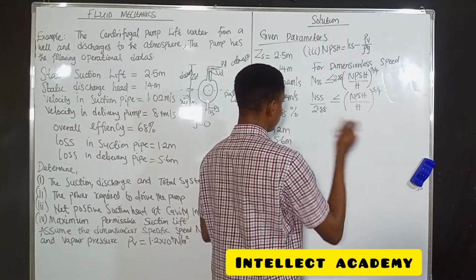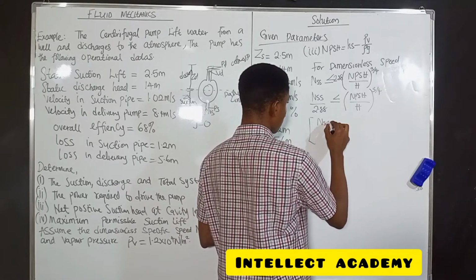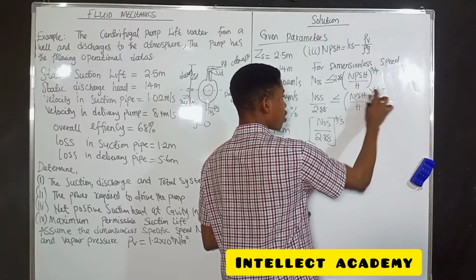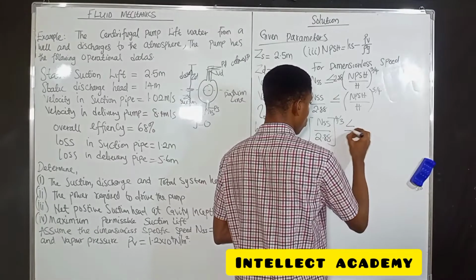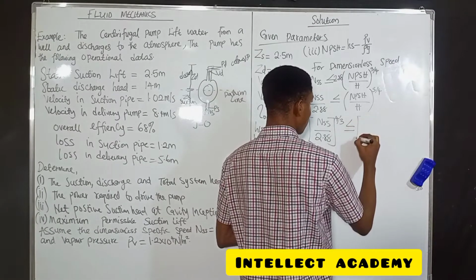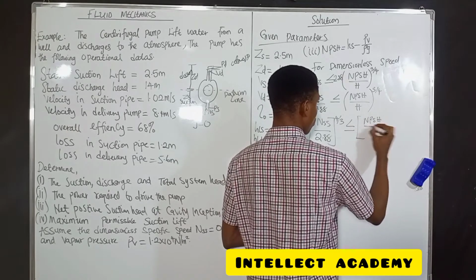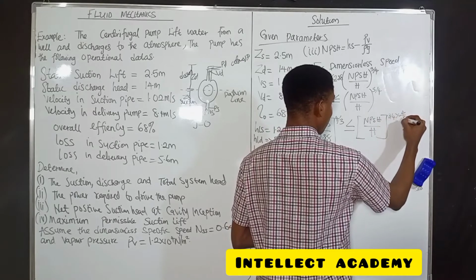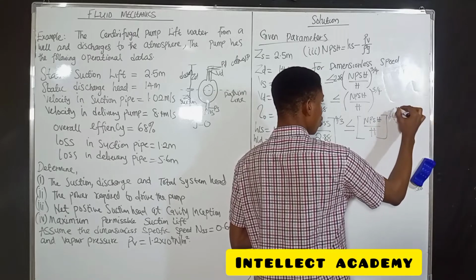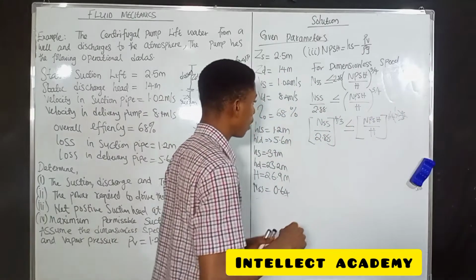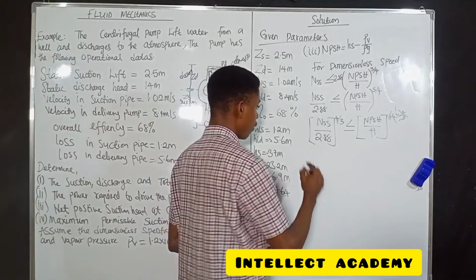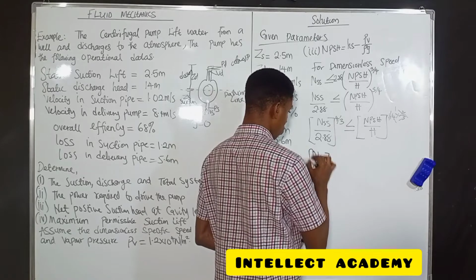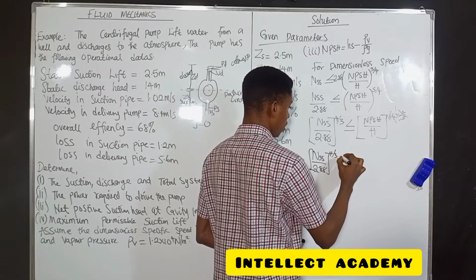We have NSS over 2.88 raised to the power 4 over 3, less than or equal to NPSH over H, since 3 over 4 multiplied by 4 over 3 cancels and leaves 1.